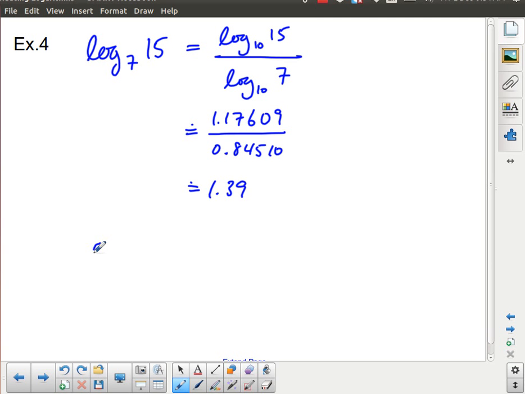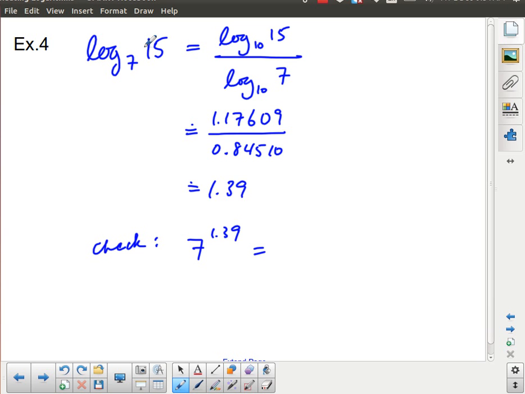So how can we check this answer? We can use our definition, which is if log to the base 7 of 15 equals 1.39, then that means that 7 to the 1.39 should be equal to 15. And so we check that.